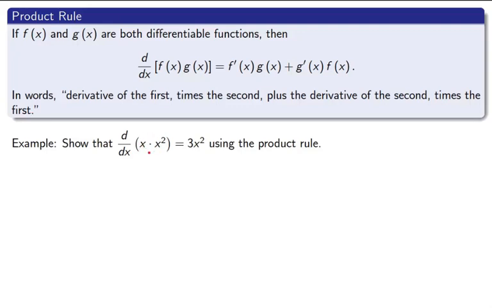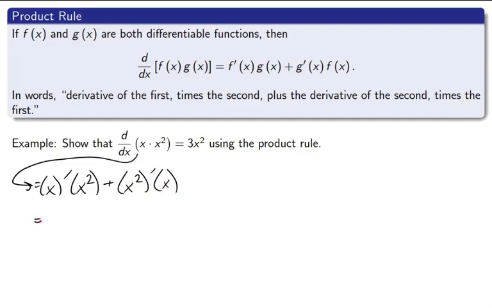We want to take the derivative of x times x squared, which is what we set up before. We're going to do the derivative of the first times the second plus the derivative of the second times the first. That's the setup. Let's calculate these derivatives. The derivative of x is 1.